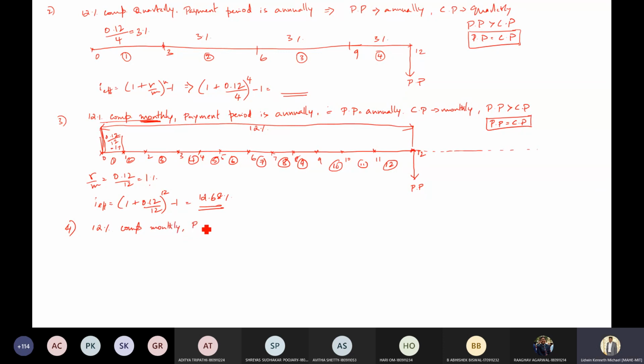Now the payment period is on a monthly basis. 12% compounded monthly, your payment period is on a monthly basis.